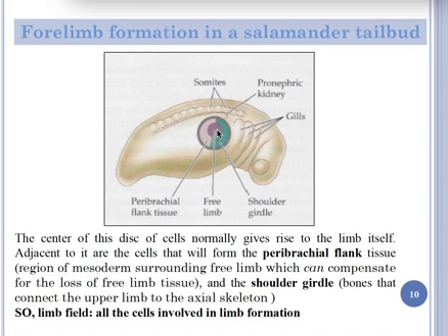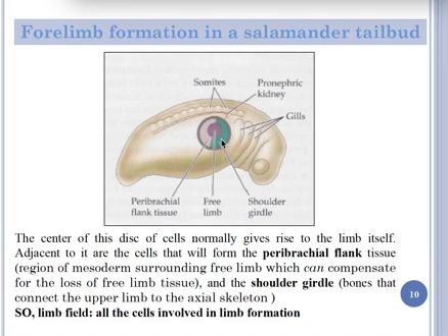Any cell death here will be compensated by cells coming from the peribrachial flank tissue that can replace them. On the other side, the free limb is also surrounded by the shoulder girdle, which are bones that connect this upper limb with the axial skeleton of the body.